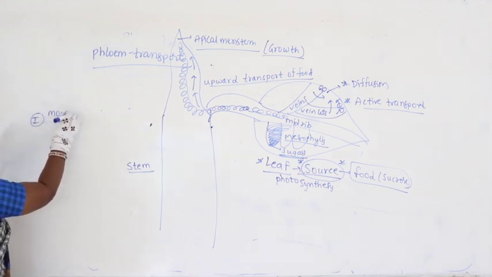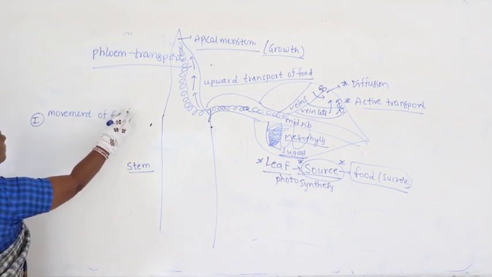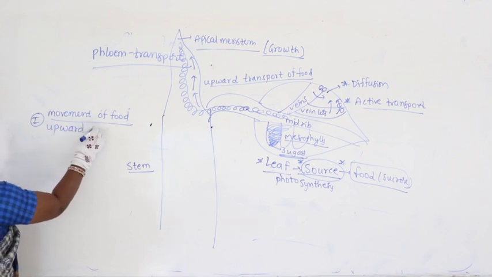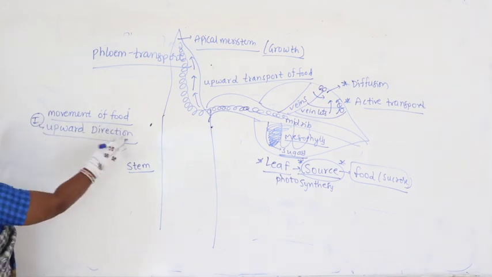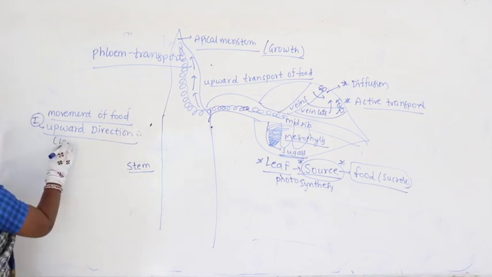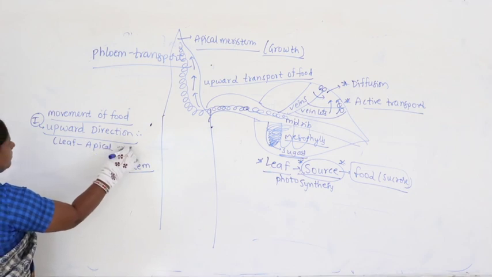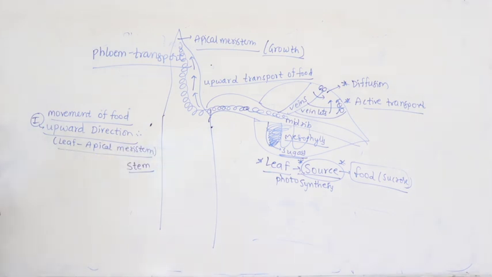Here we are discussing movement of food. The first one is upward direction, from the leaf to apical meristem. Food is going in the upward direction.